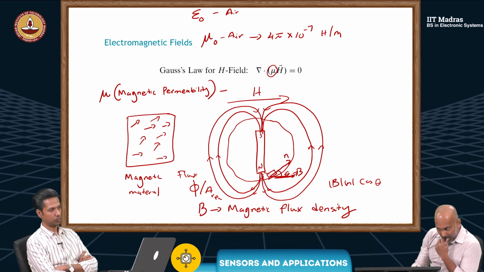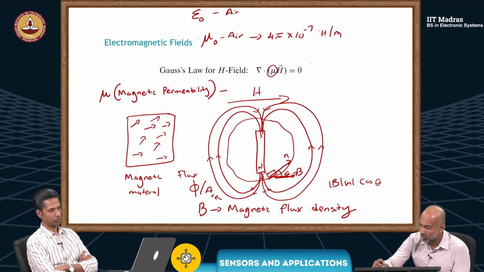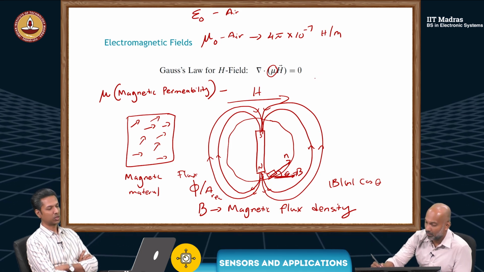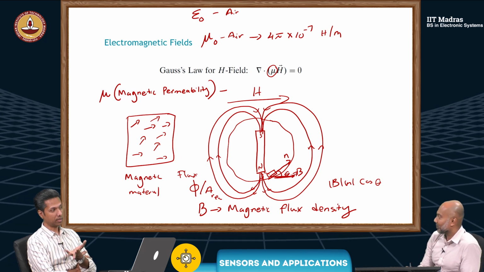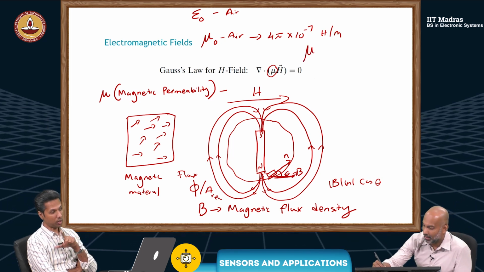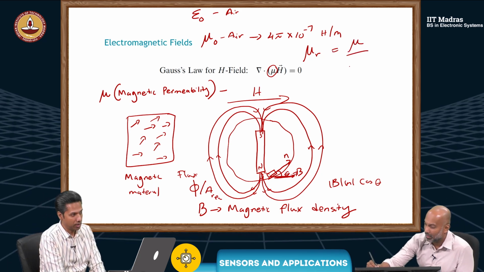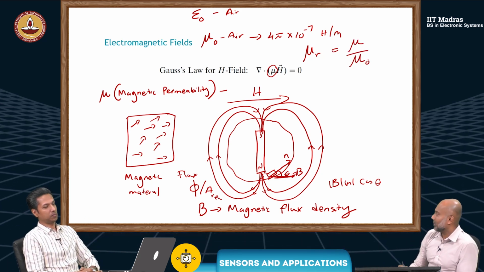Again, you talked about epsilon for different materials. Equivalent to epsilon R, there is something called mu R, the relative permeability, which is permeability divided by mu 0. Do you know any materials?